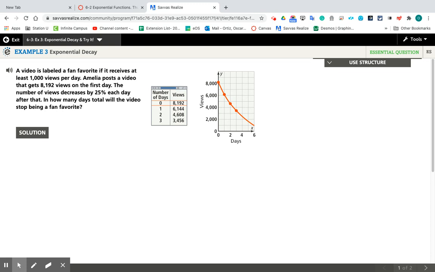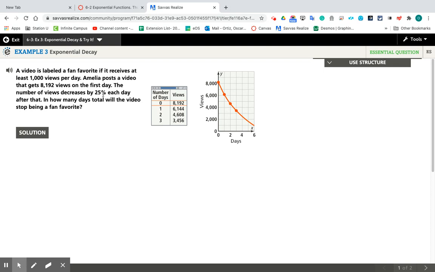So on a particular day, the number of views is 8,192. But then as days pass, those number of views will decrease, so they will go down. And we want to model this with an exponential function. Each one of those decreases 25% each day. So this number here is 25% less than this number.